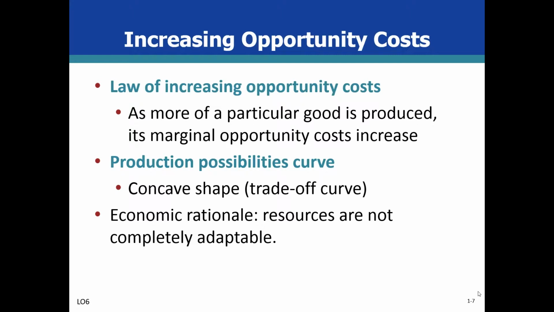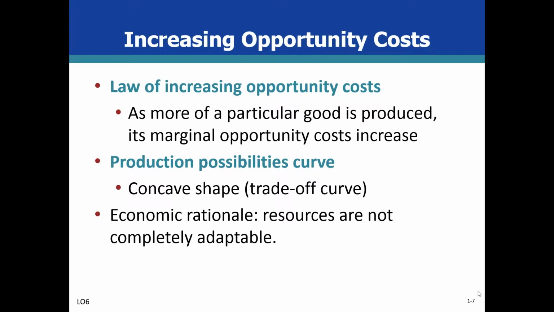The law of increasing opportunity cost means that as more of a particular good is produced, its marginal opportunity costs increase. More resources need to be applied to get that additional level of output.